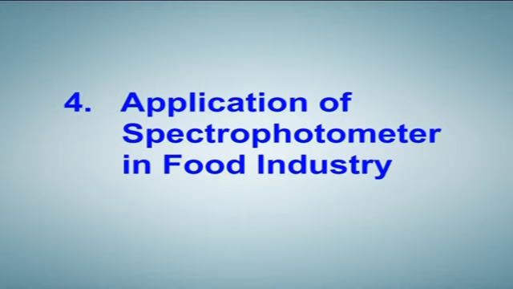Once the standard plot is made, it is simple to find the concentration of an unknown sample. Measure the absorption of the unknown and, from the standard plot, read the related concentration. Let us see the application of spectrophotometer in food industry.